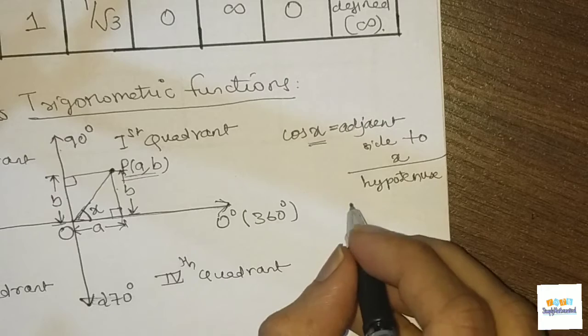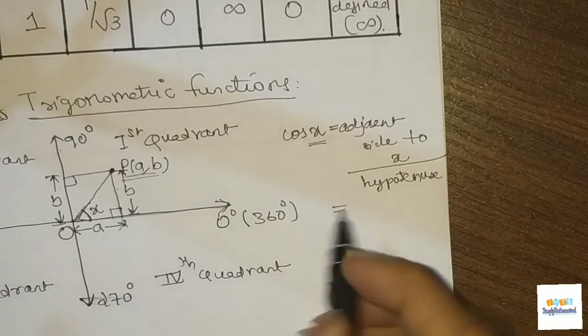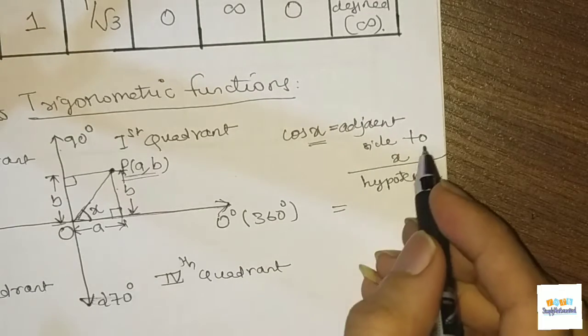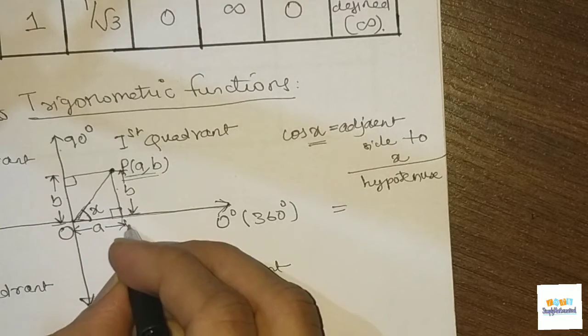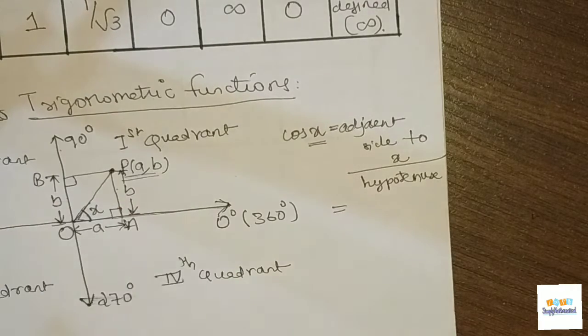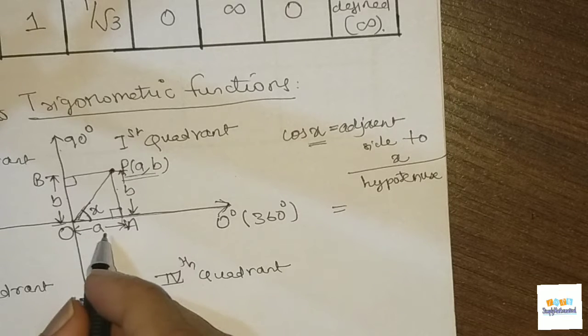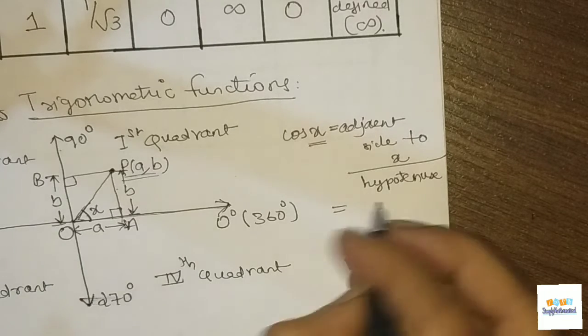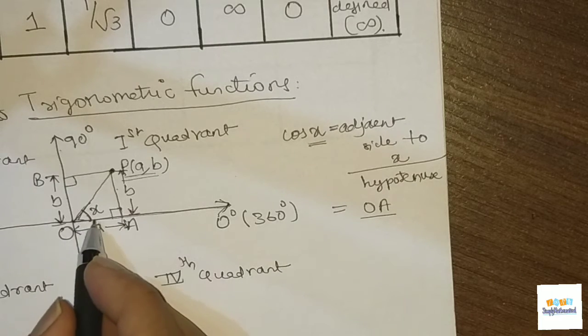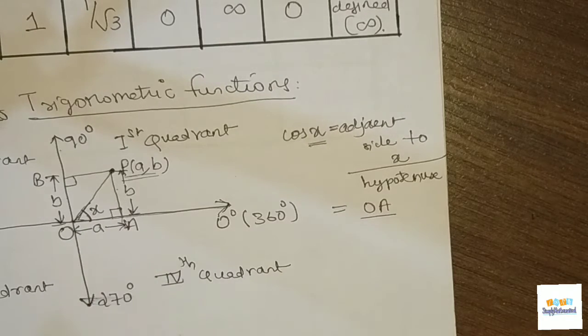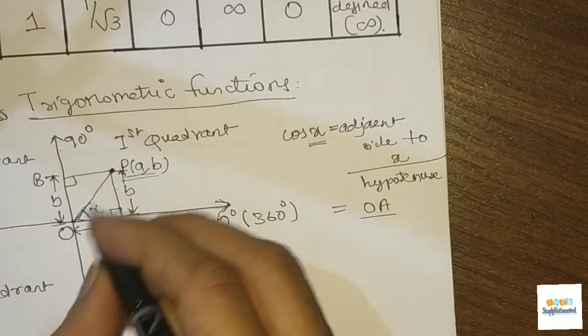This is the definition of cos x. So what we will get is adjacent side to x. If we name this as A and B here, what will be this side? This side is OA, the side which is adjacent to this angle x, divided by hypotenuse, which is OP.